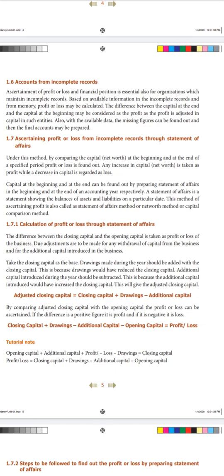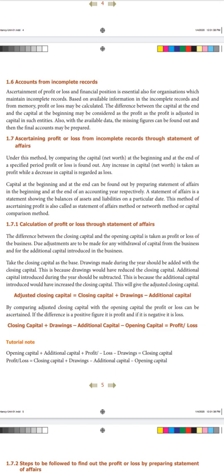The capital at the beginning and the capital at the end can be found out by preparing two separate statements of affairs. One is for finding out the capital at the beginning, that's your opening capital. The other has to be prepared for the second time, at the end of the year, to find out the closing capital.